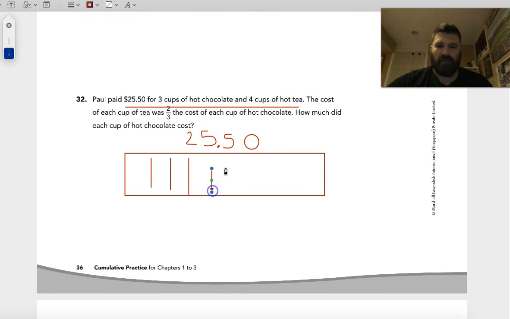So 1, 2, 3, 4. Drawing without a mouse is hard. I'm going to put a T in here, just so you know that's the tea, versus the hot chocolate. So 3 cups to 4 cups.